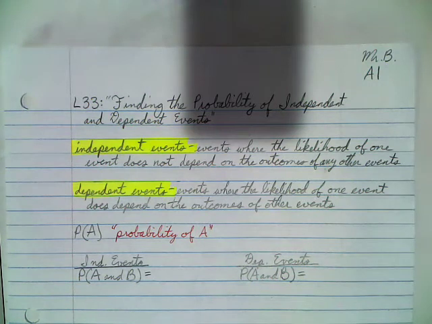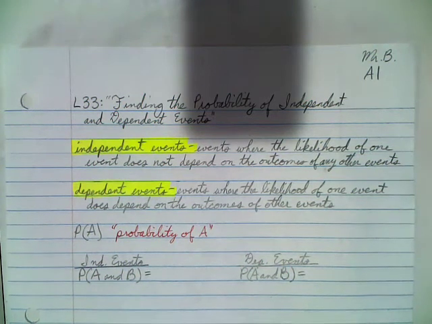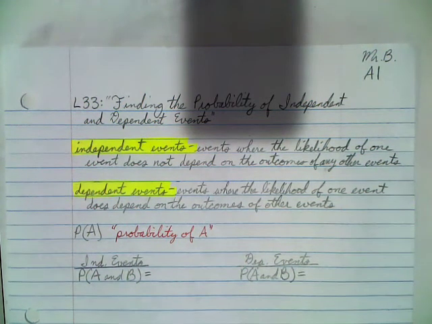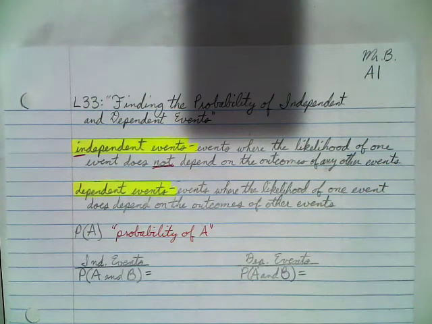So here we go. Independent events are events where the likelihood of one event does not depend on the outcomes of any other events. And so I would point out here that the prefix in means not. It does not depend. So independent events would be like the probability of flipping a coin and the probability of it raining today.